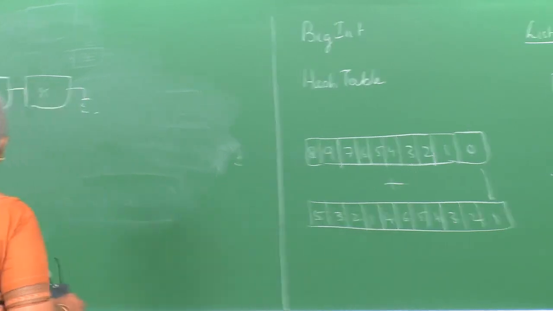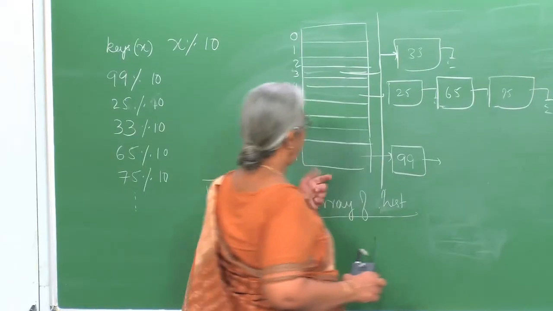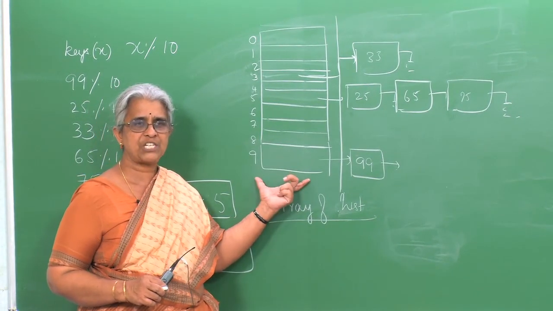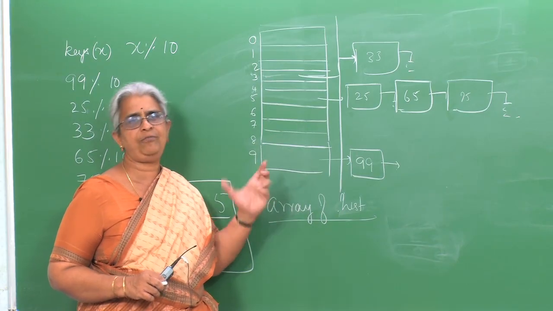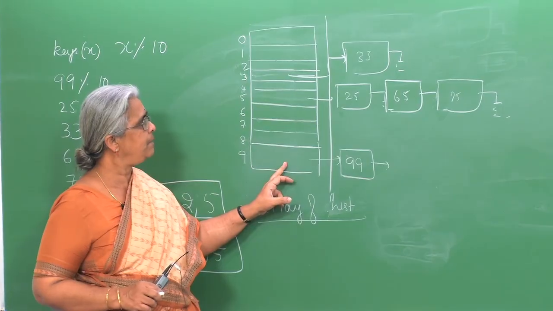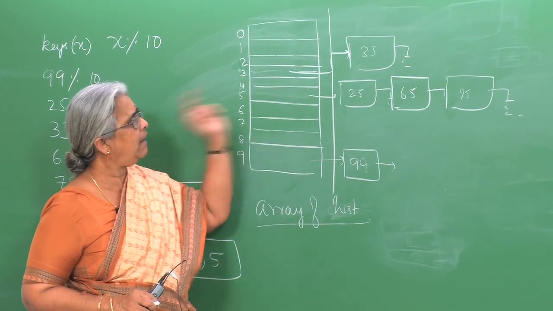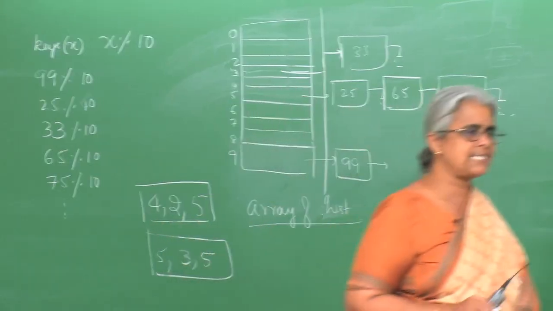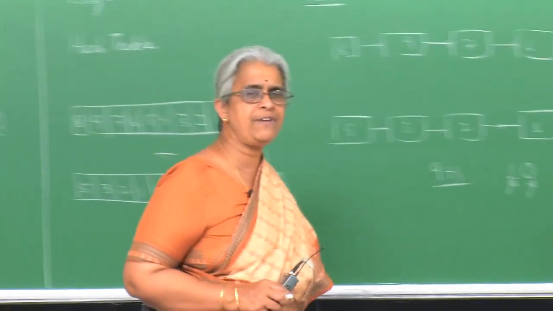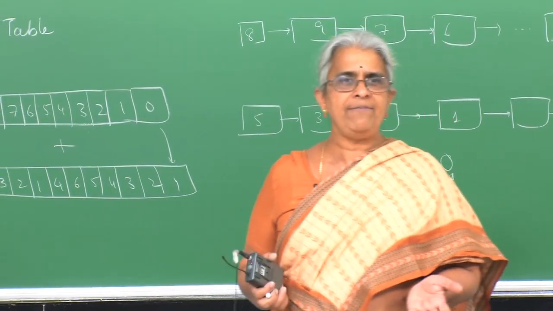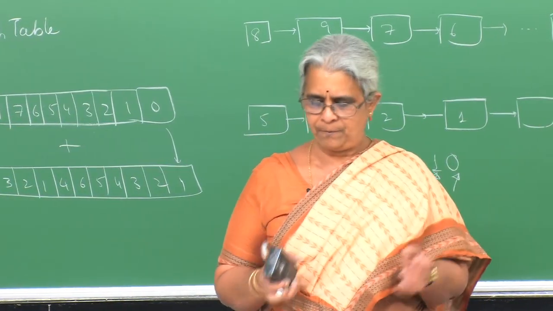Here on the other hand, we are defining a new ADT, and as part of the private part of the hash table, an array of lists. Each element of the array is called a bucket, and each element of the bucket points to a list which consists of the elements that fall into that particular bucket given the hash function.